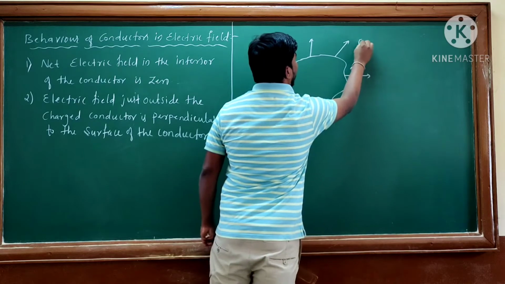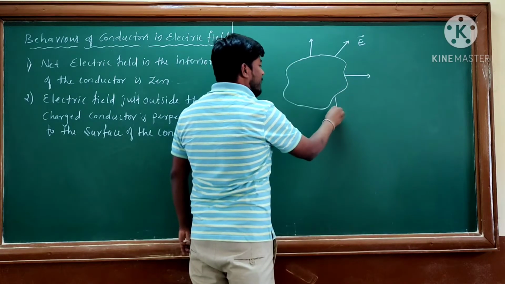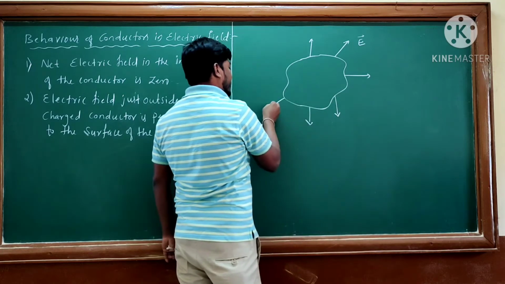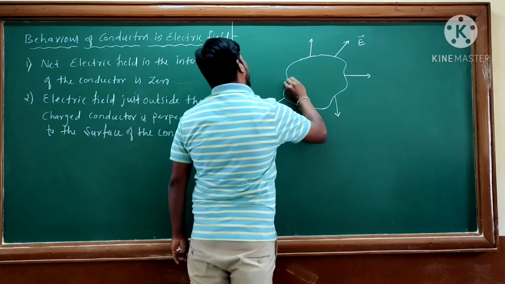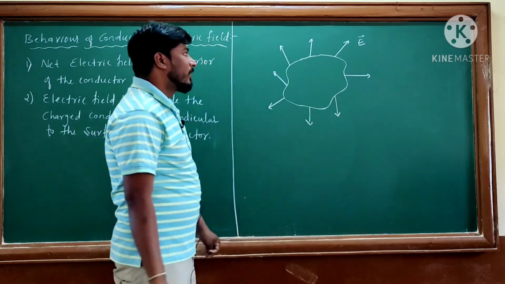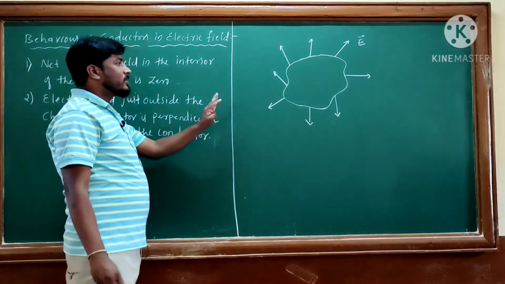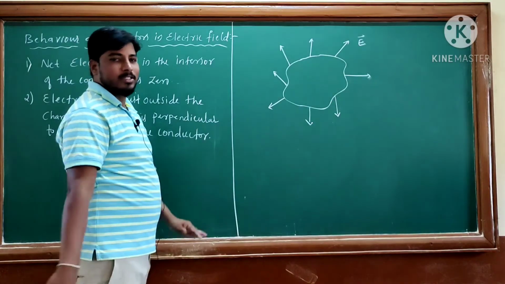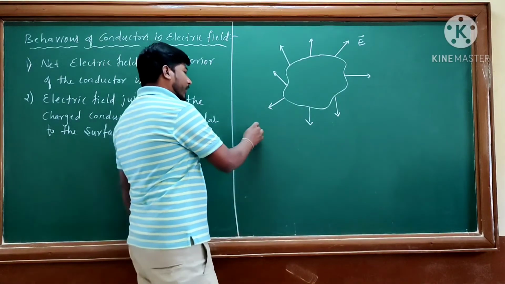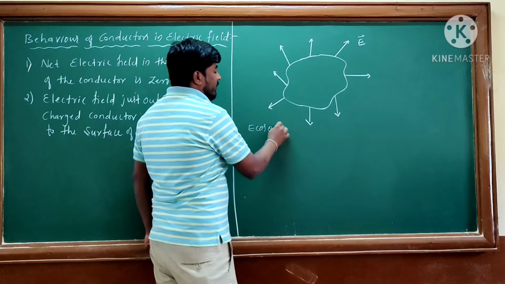This is the E. Electric field is always perpendicular to the surface of this conductor. Why is it always perpendicular? Because we know that E parallel, that is E cos theta, must be equal to 0.